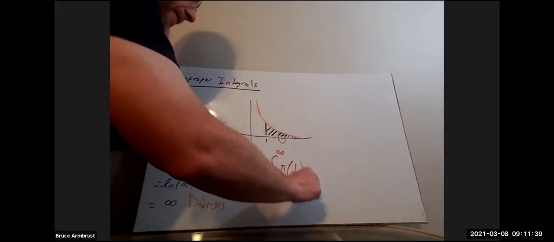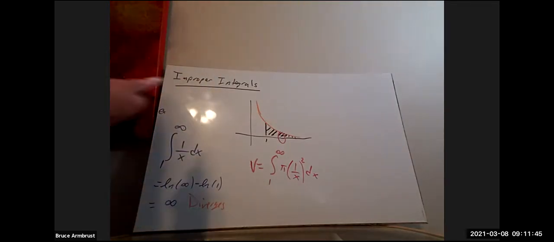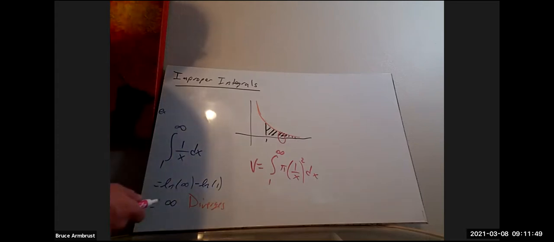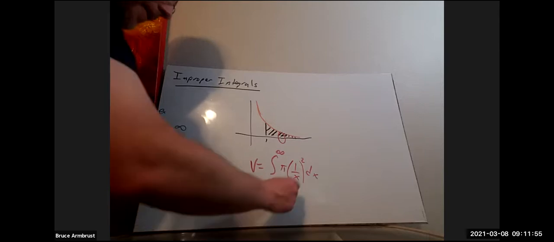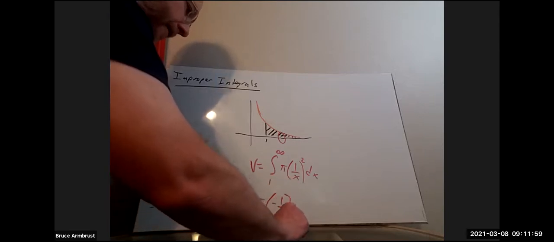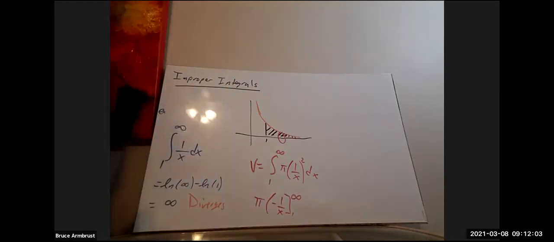Well, the radius is our function. So this is what we're going to get if we find the volume of revolution. All right, well, 1 over x squared, if you integrate that, we'll pull the pi out front. The 1 over x squared becomes a minus 1 over x that we're evaluating at 1 and infinity.